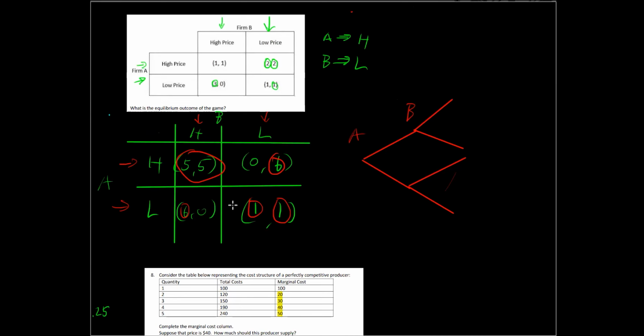Yeah. So the convention here is that you can think of these as ordered pairs, right? And so the first number is the payoff that firm A gets, and the second number is the payoff that firm B gets. The convention in game theory is the first number is the row player, in this case A, and the second number is the column player, which is firm B. Okay.